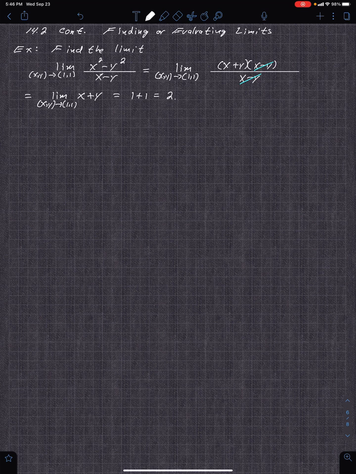Okay, so similarly, one of the cases is factoring. Another case is rationalizing.